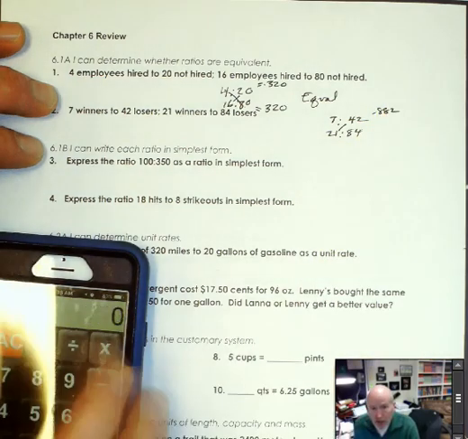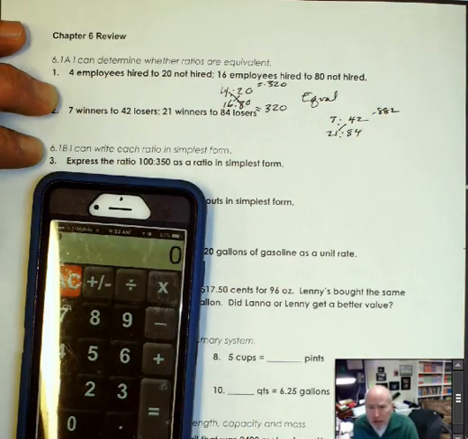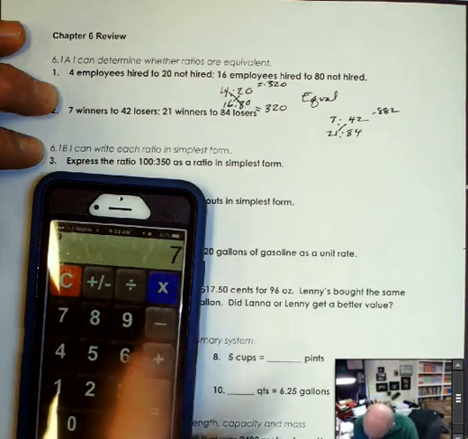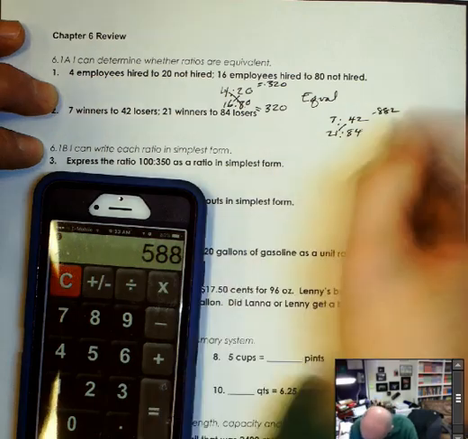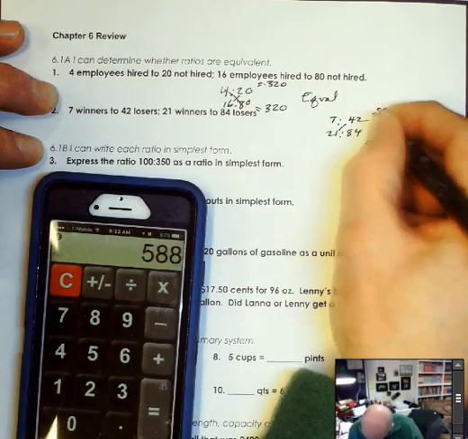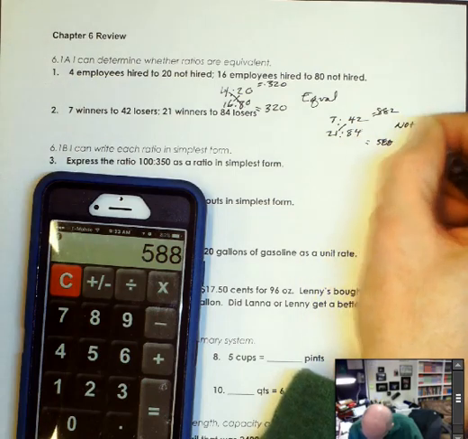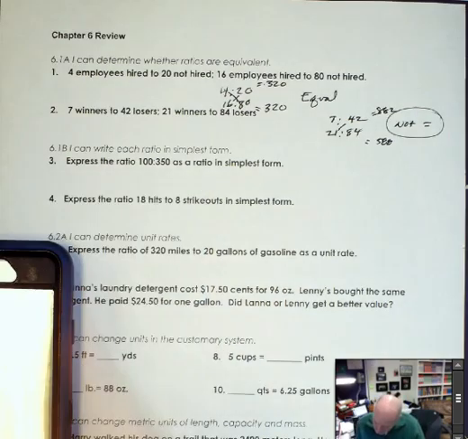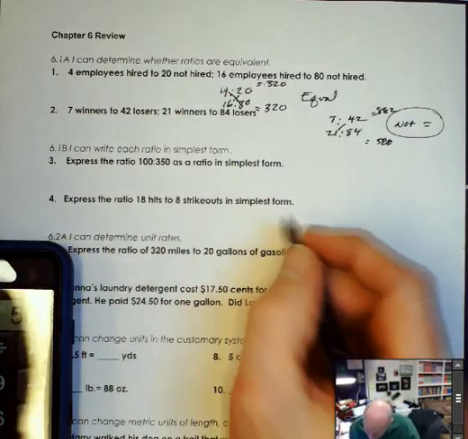And then I'll check the other one: 7 times 84 equals 588. So I can already see these ratios are not equal. Not equal. Okay?